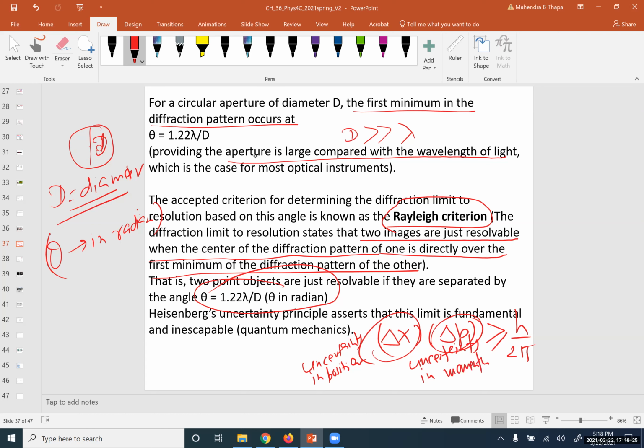The product must be greater than h over 2 pi, where h is called the Planck's constant. So the Heisenberg uncertainty principle supports this concept.